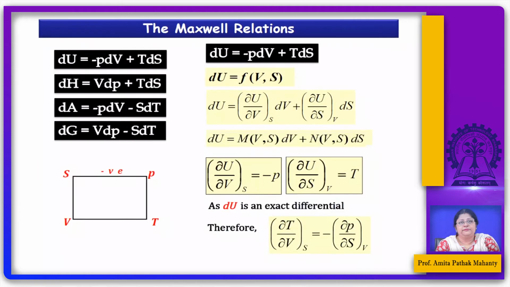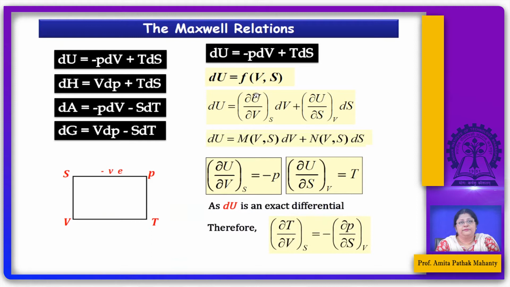Okay. So if that is the condition, now have a look at this. You have dU equal to minus P dV plus T dS, right? And U is a function of volume and entropy. This is what we got from the new set of thermodynamic variables being dependent on thermodynamic potentials varying on various parameters.